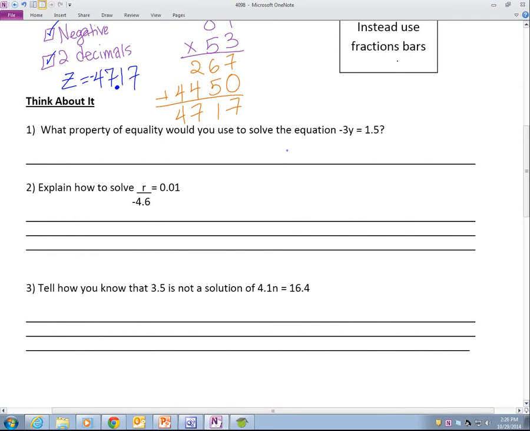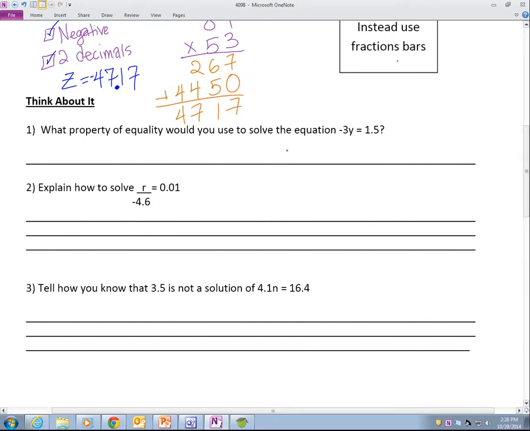Negative 4.6 times 0.01. Is that only on one side or both sides? Both, correct. So you multiply both sides by negative 4.6.